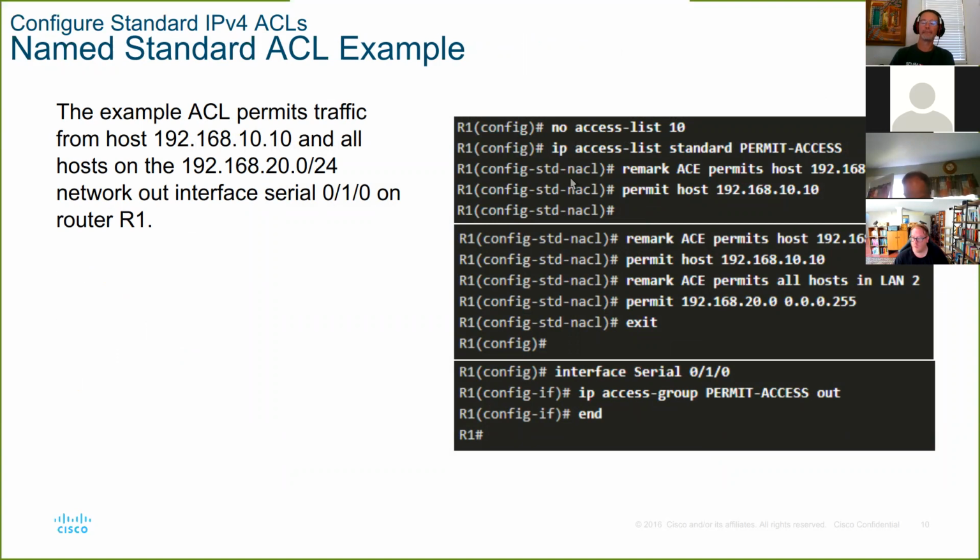In this case, because it's standard, it's std-nacl versus ext-nacl, so you know what mode you're in, and that's going to define what options you have when you hit the question mark. Standard named ACL or extended named ACL.